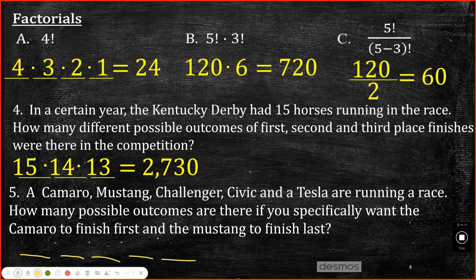I already know that my car, the Camaro, is going to finish first, so that one's going to go here. And the Mustang is going to finish last. So now, how many could finish second? That makes sense now? So it's going to be 6. The answer is 6.